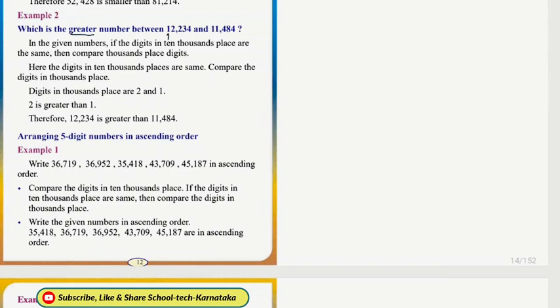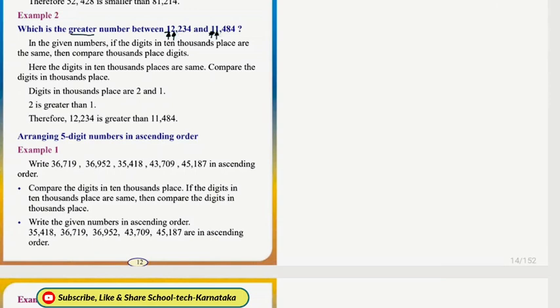First, we compare the 10,000s place. At the 10,000s place we have 1. Since both are equal, here we have 1 and here we have 1, we move to the thousands place. In the thousands place here we have 2 and in the thousands place here we have 1.